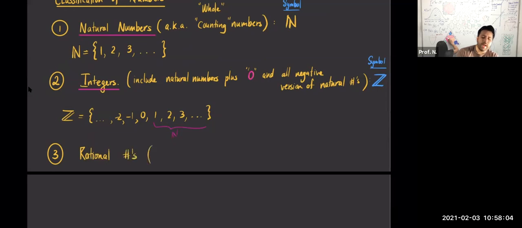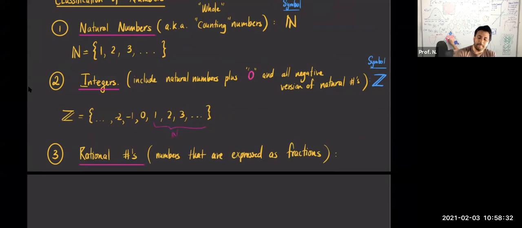Now, what are rational numbers? They're numbers that can be expressed as fractions. And the symbol for this one is pretty interesting.